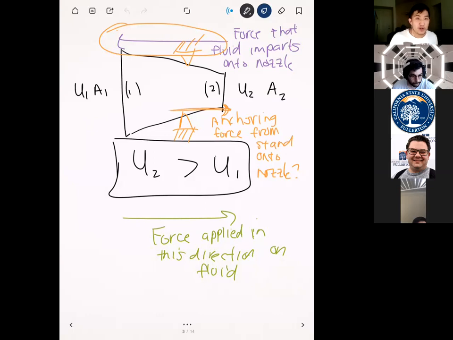Yeah, so you have to read the question and ask what it's asking for. In that case, the thrust is going to be the thrust that's on the jet ski. And so it's going to be opposite of the force that's actually been put on the fluid. Since the force on the fluid is going to be negative, because the fluid has to accelerate from the inlet to the outlet, the thrust has to be in the opposite direction. So it's going to be the positive of that. All right, thank you. Yep.